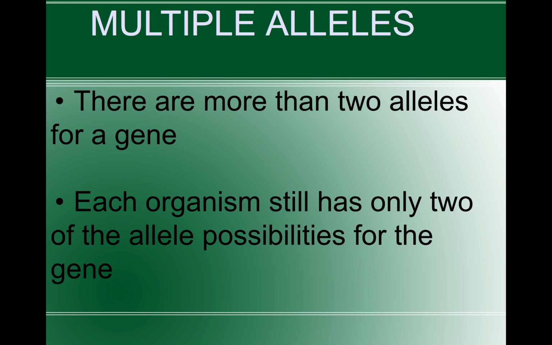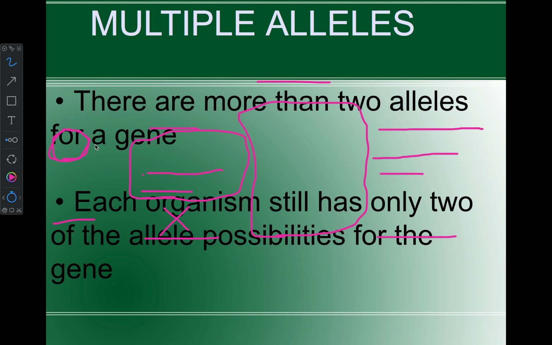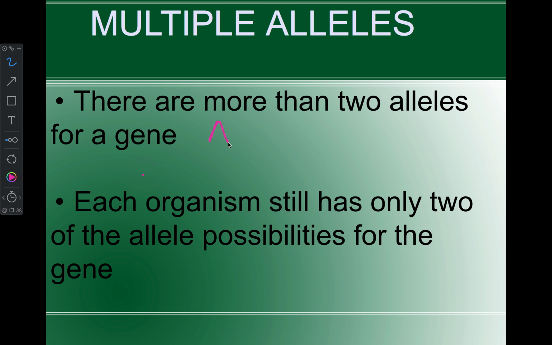Okay, so now there's some other examples of things. So we've covered incomplete dominance and codominance, and then some things in your body have multiple alleles. And let's remind ourselves what an allele is, right? So an allele is that DNA sequence, right, from mom or dad. So maybe dad gave you capital A. Ooh, let me freeze that.